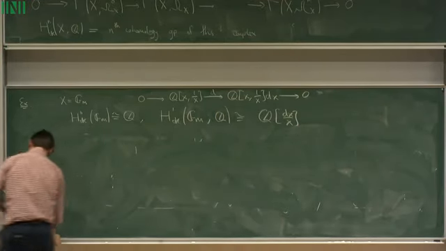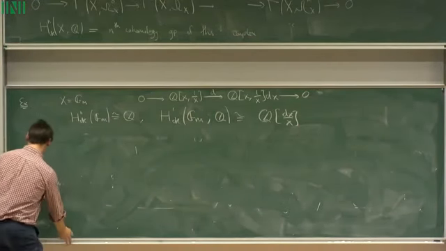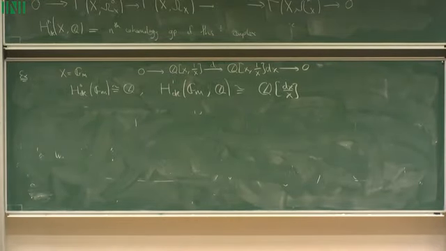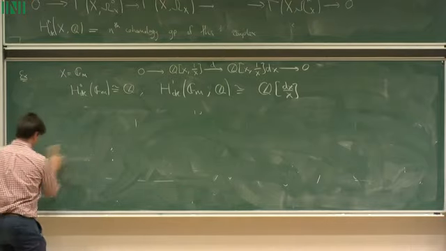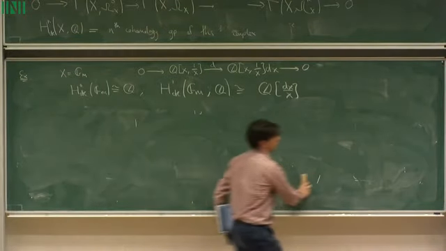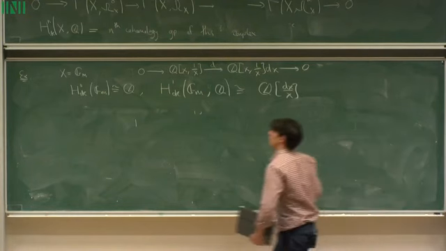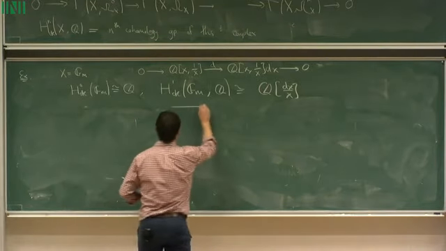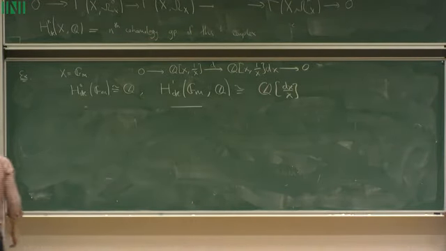So this is something very concrete. In general, if X has a covering by open affines, then you form a double complex in the usual manner. I'm going to skip it because I'm running a bit behind time.